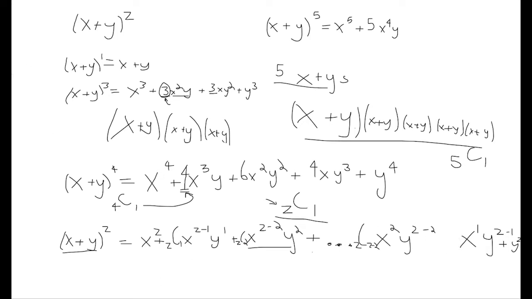It's going to be z choose z minus 1, because we're choosing all but one of those x plus y's to be y.